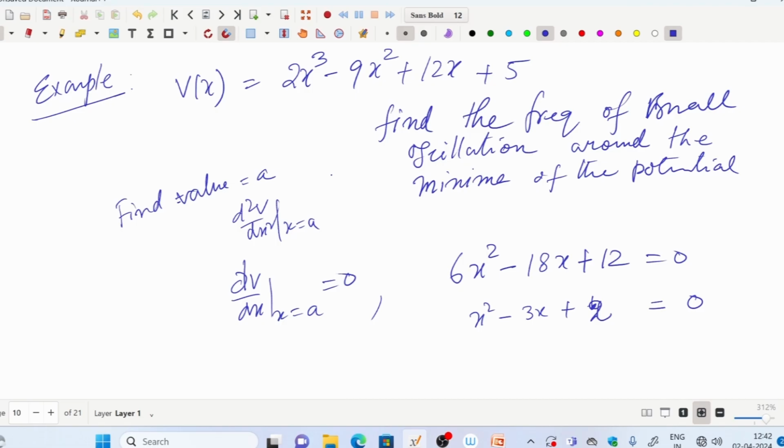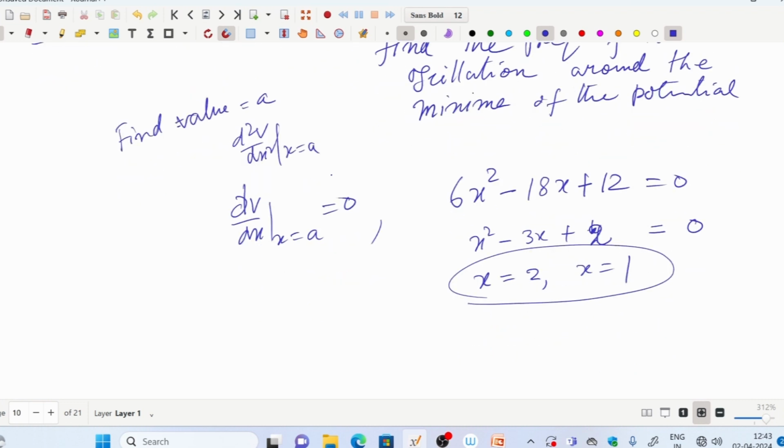Okay. So, this has obvious solutions at x equal to 2 and x equal to 1. At x equal to 1 it is 0, and at 2 also it is 0. Okay. So, this is the solution.